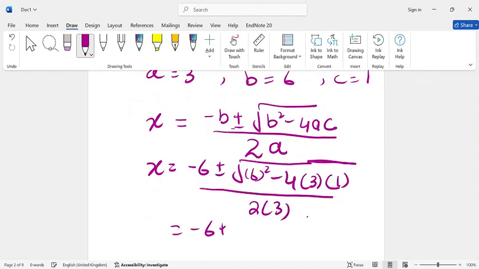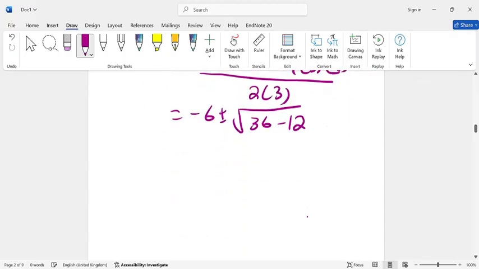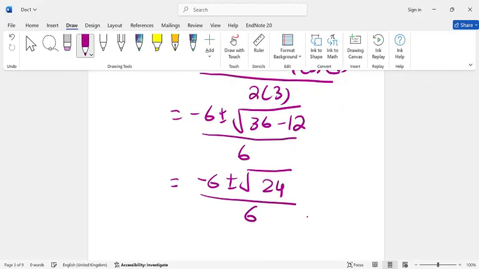Now, minus 6 plus or minus the square root of 36 minus 12, divided by 6. The answer under the root is 24, divided by 6.